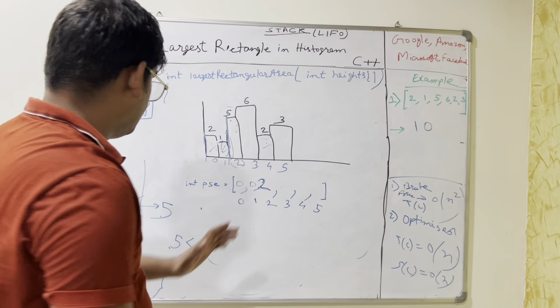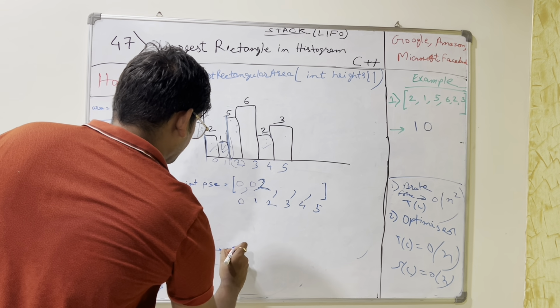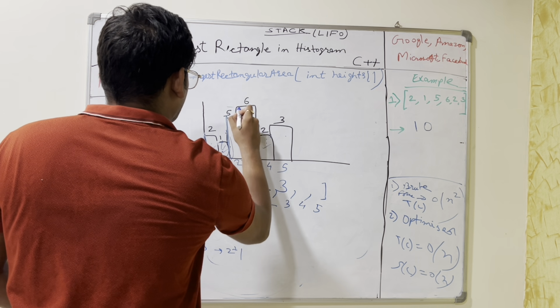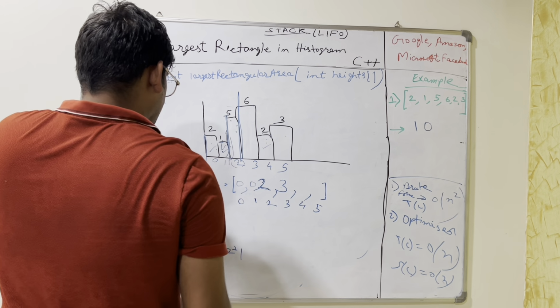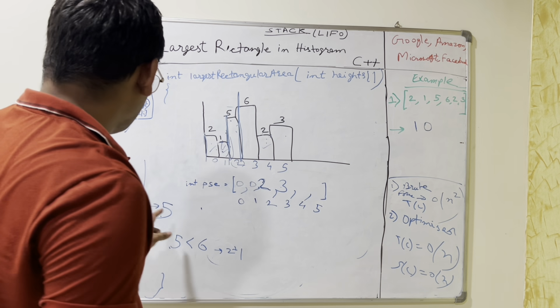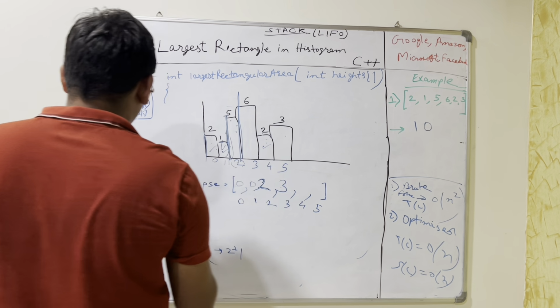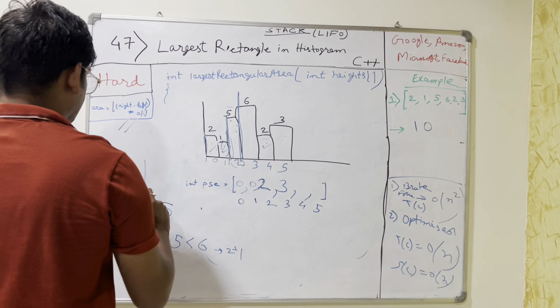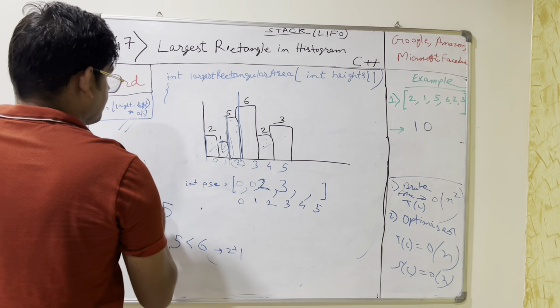So 2 plus 1, that is 3. So this is the left boundary for 6. For 5, the left boundary was this. Now 2, so we have got this, and we will store this.